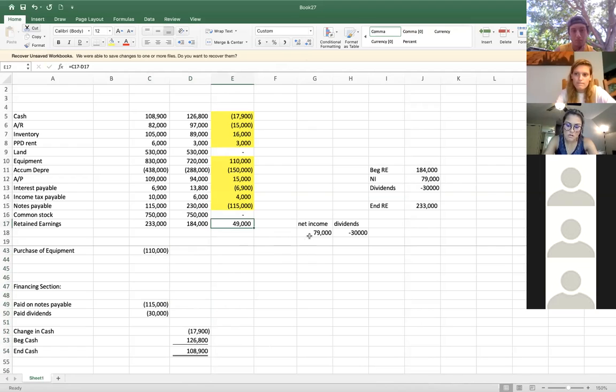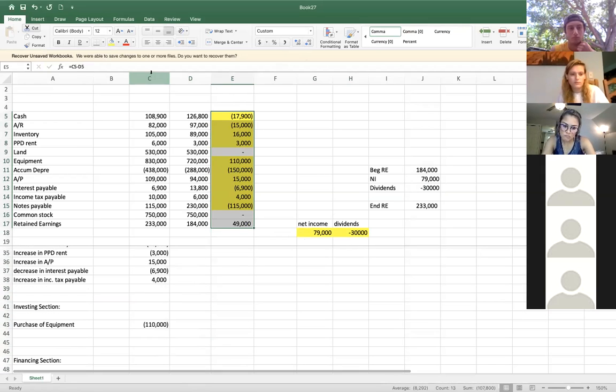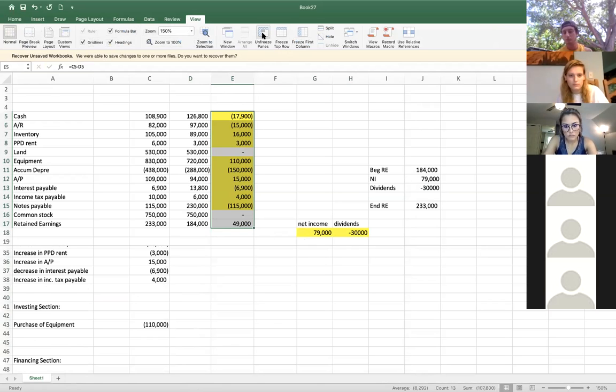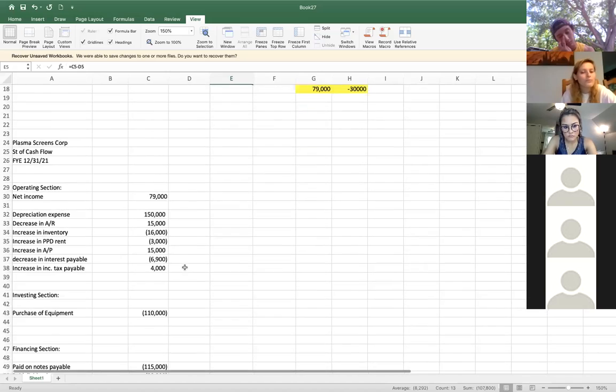Now I've accounted for the change because the net of these two is 49,000. So now I've accounted for the change in every single balance sheet account and put it in the proper spot on my statement of cash flows. Okay.